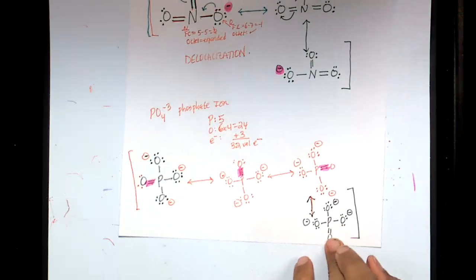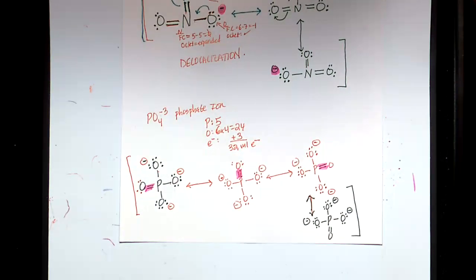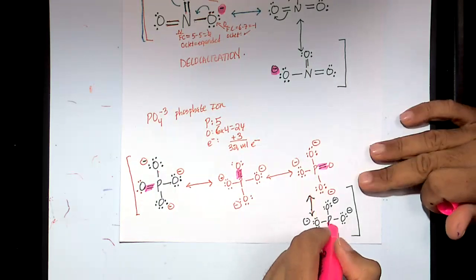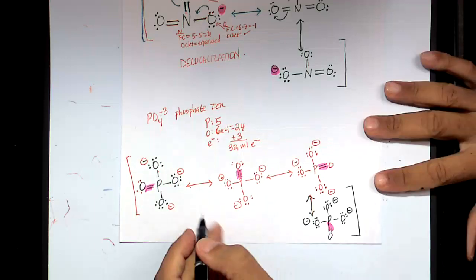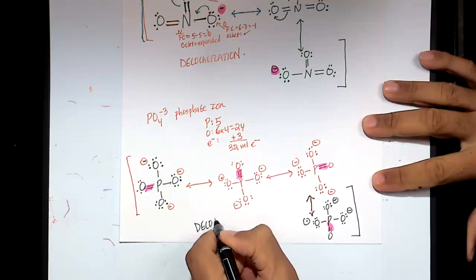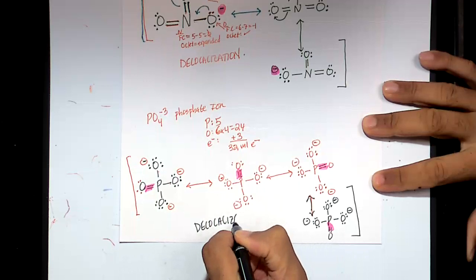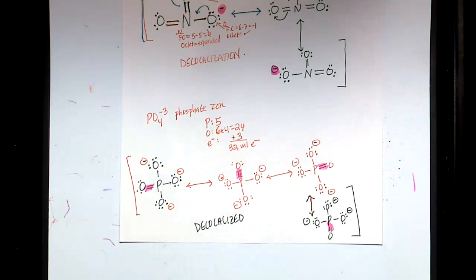That's the resonance structure of the phosphate ion. The double bond, those -3 formal charges are buzzing around. They are buzzing around the 4 oxygen atoms. Delocalization gives it a very, very high amount of stability.